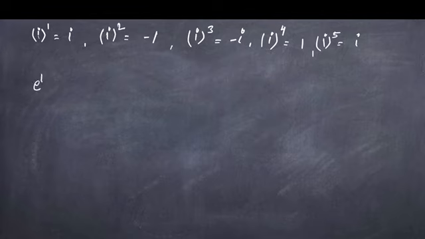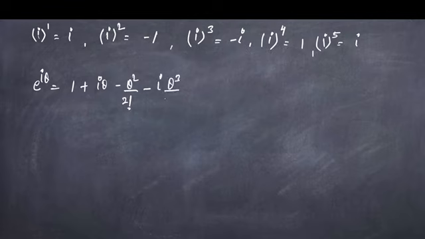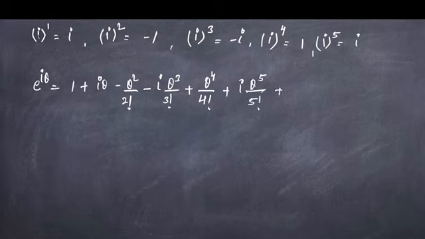We will get e to the power iota theta equals 1 plus iota theta plus iota square will become minus 1, so we will get minus theta square upon 2 factorial, minus iota cube will become minus iota, so we get minus iota theta cube upon 3 factorial, plus iota to the power 4 will become 1, so we will get theta to the power 4 upon 4 factorial, and again iota to the power 5 will become iota, so we will get plus iota theta to the power 5 upon 5 factorial and so on.